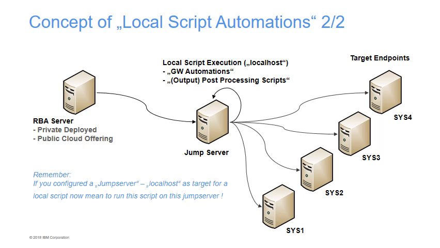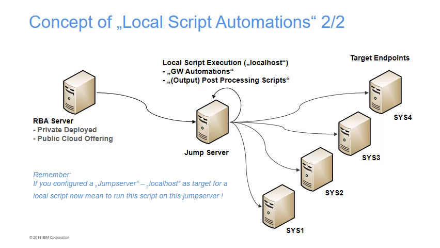You might choose to specify a jump server for script execution. You can use jump servers for privately deployed installations of Runbook Automation as well as for the public cloud offering. In this case, local script executions will most likely be executed on the jump server, because when you specify localhost as target while you have specified a jump server for script execution, then localhost is evaluated as the localhost of the jump server and not the localhost of the RBA server.